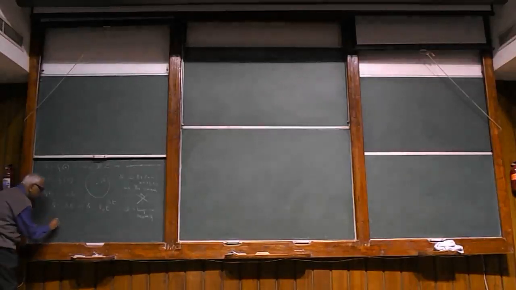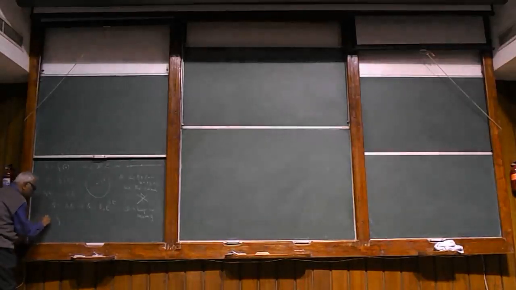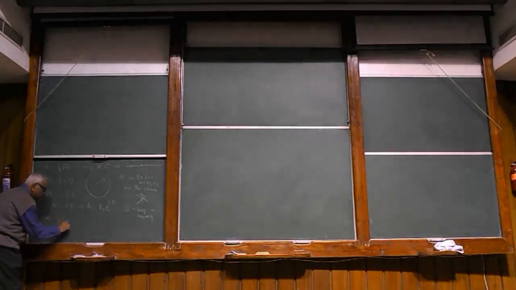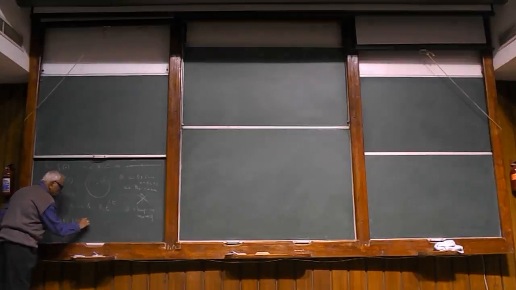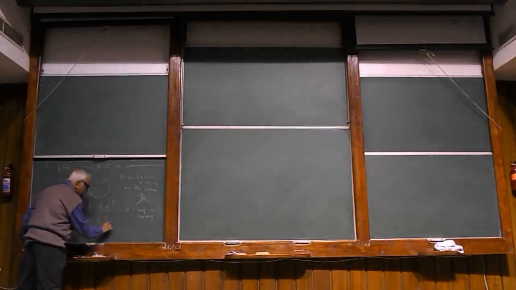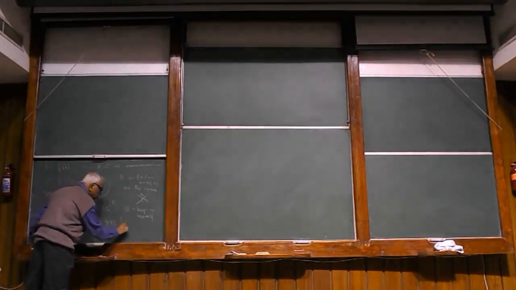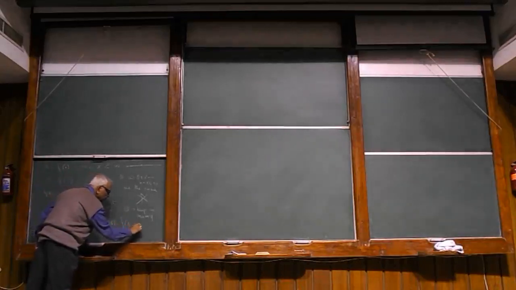You want f of theta to be periodic, that is f of theta is equal to f of theta plus 2 pi.